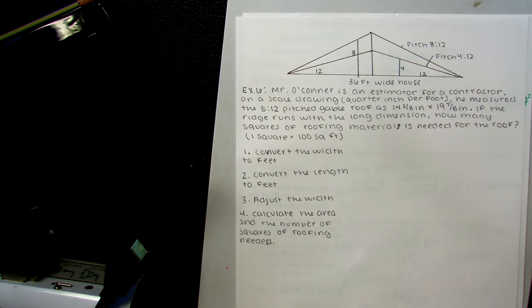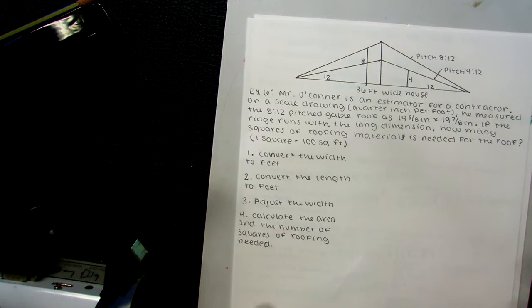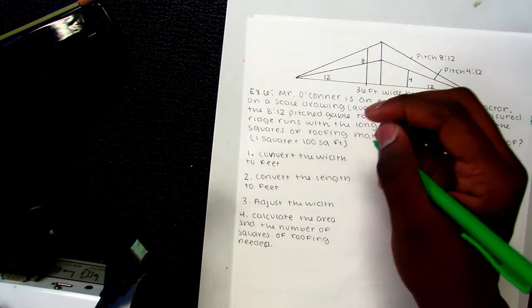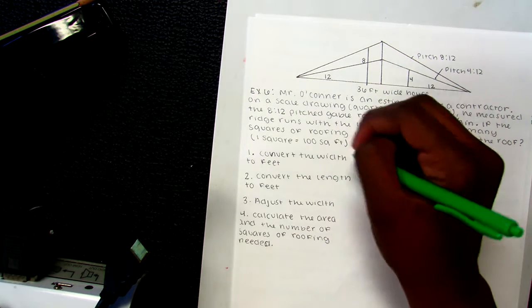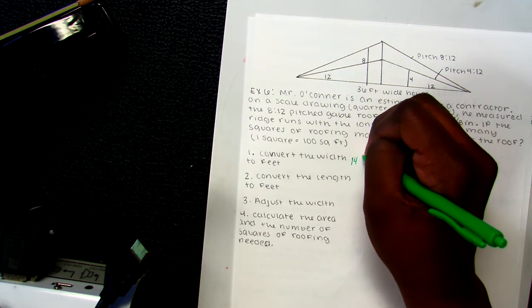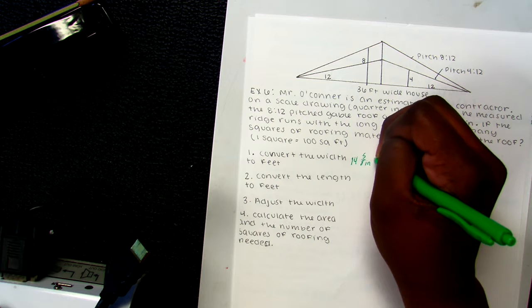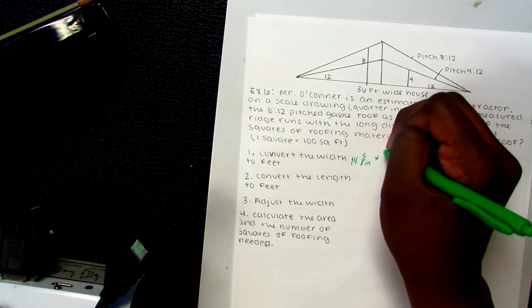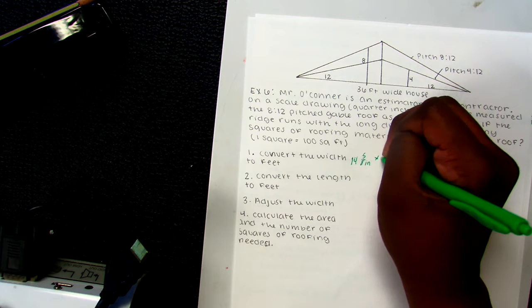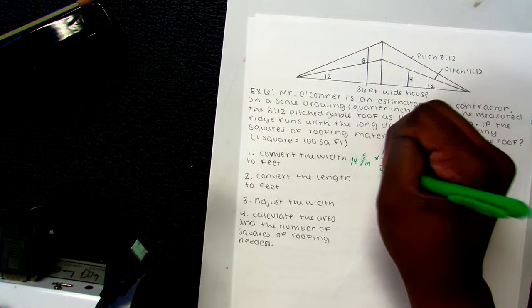Okay. So our first step would be to convert the width to feet, and we would have 14 and 5/8 inches times 1 foot over 1/4 inch.